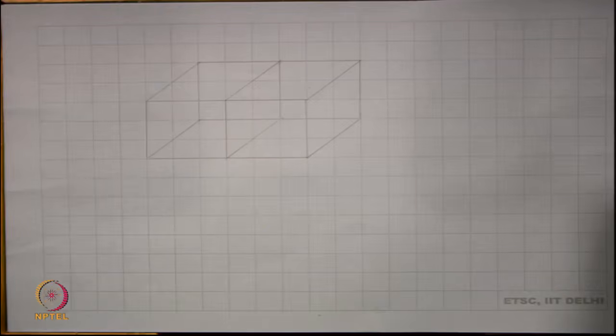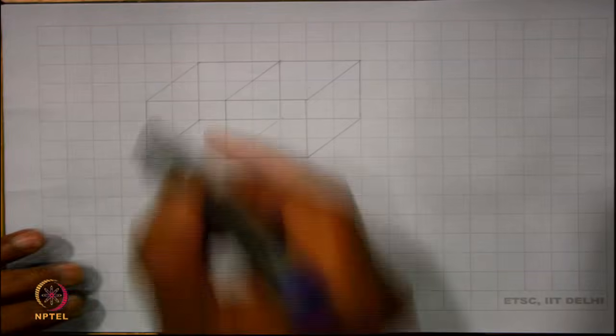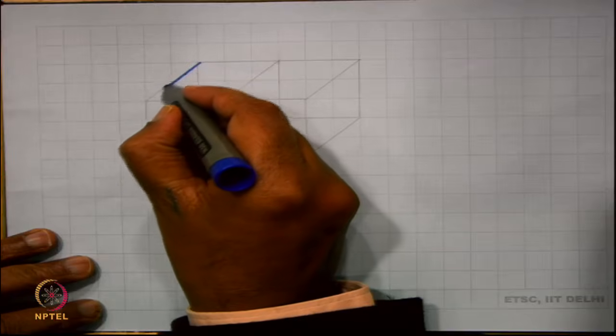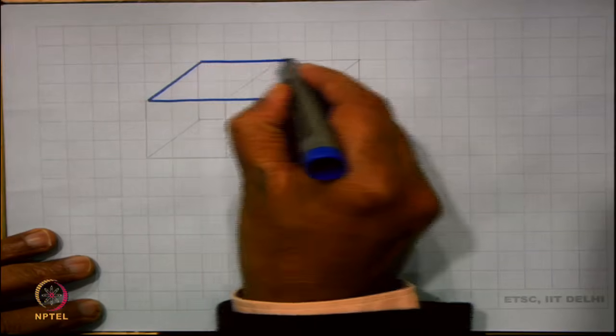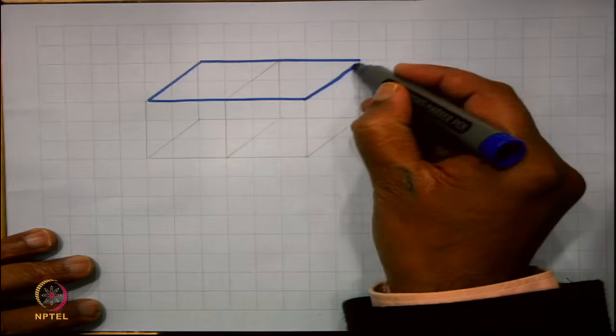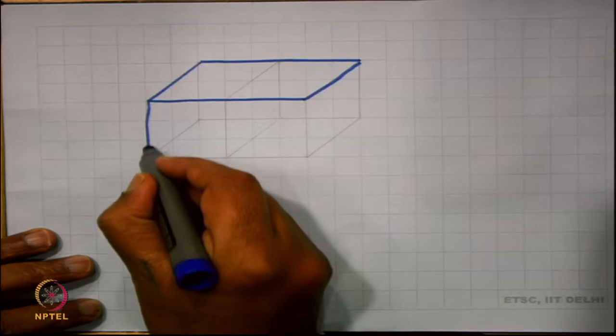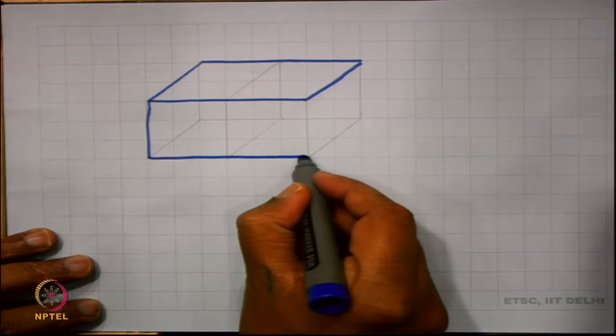Let us look at this once more. Let us create again two end centered cubic lattices side by side, so they have a common face in between.